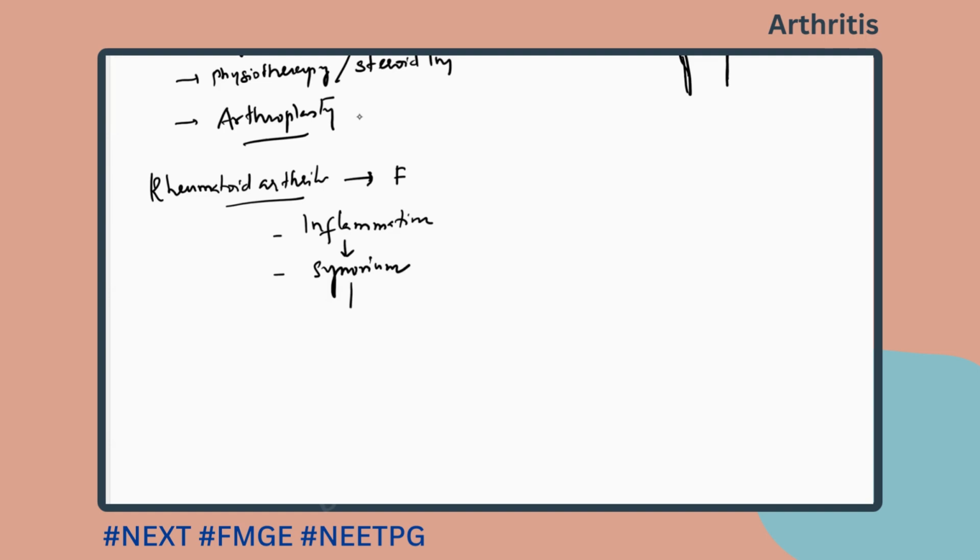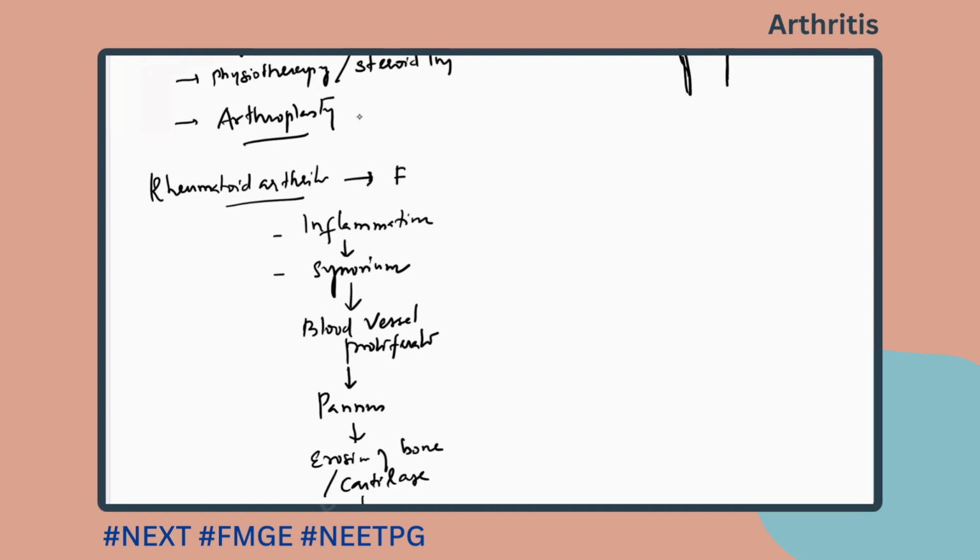So when synovium gets affected, the blood vessels in the synovium proliferate. And it results in formation of a structure called pannus. And this pannus results in arthritis.